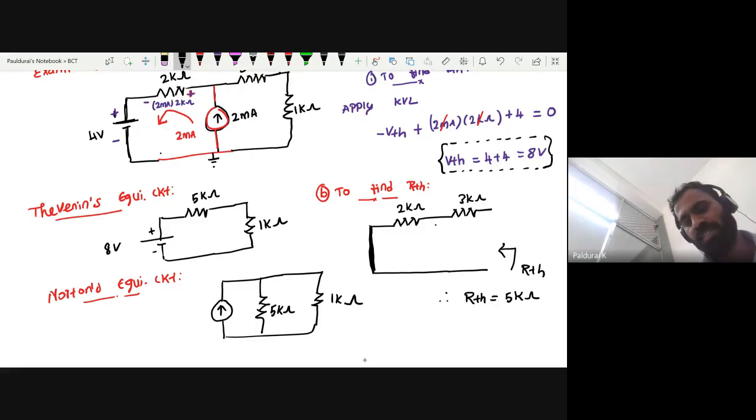But what is my I? Since this is my Norton, IN equals V by R, where V is 8 and R is 5 kilo ohm. So this will give you 1.6 milliamps. Please verify IN, are you getting 1.6 milliamps or not?